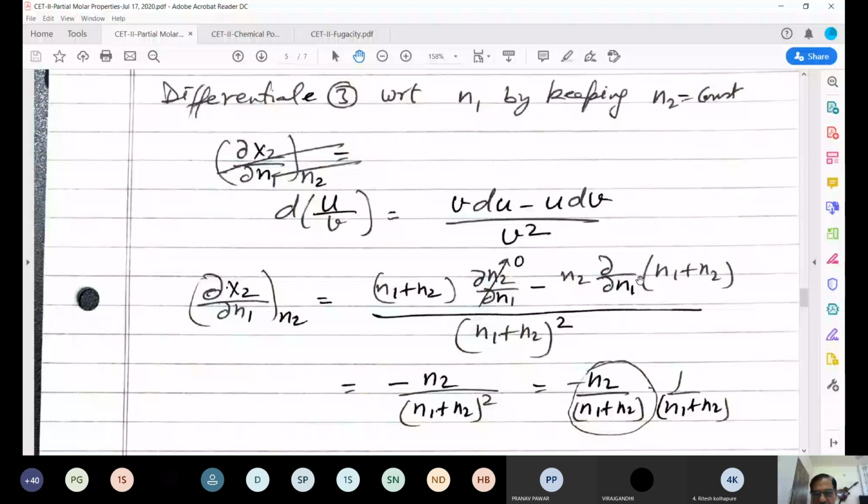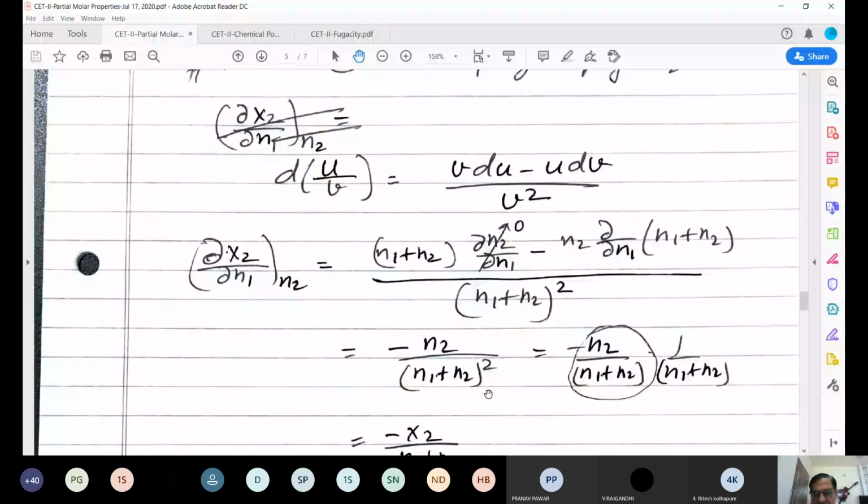Is this clear? Any doubts on this derivative? No, sir. You can write this as minus N2 upon N1 plus N2 into 1 upon N1 plus N2, because you want to convert this into a fraction. N2 upon N1 plus N2 is X2, divided by N1 plus N2.